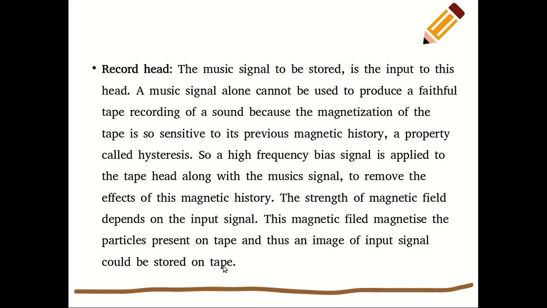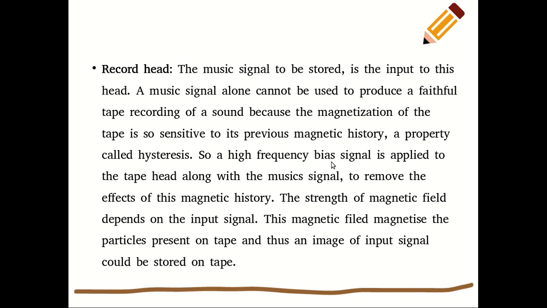But basically, along with the input signal, a very high frequency bias signal is also applied to the record head. So the input to the record head is not only the input audio signal, but the high frequency bias signal also.